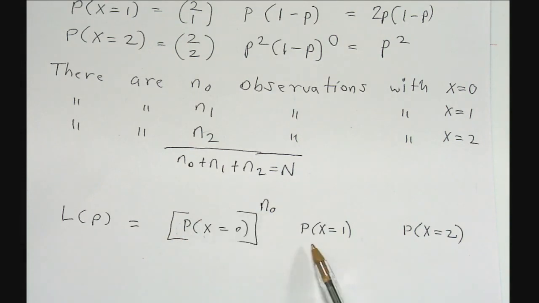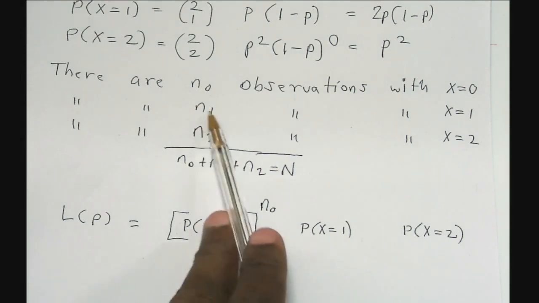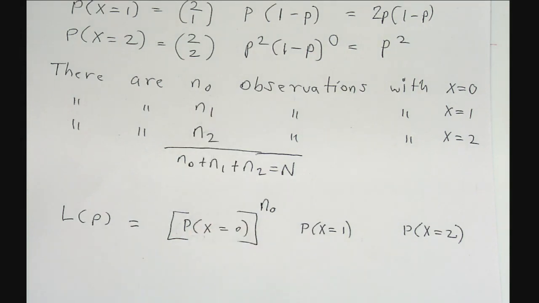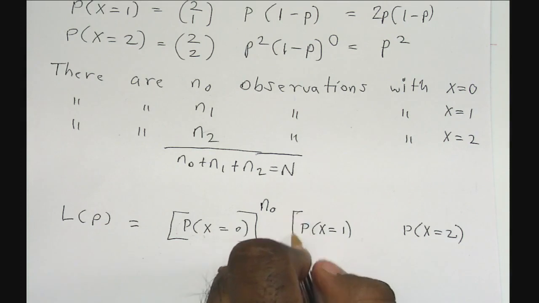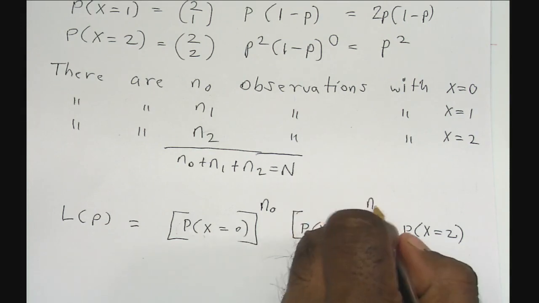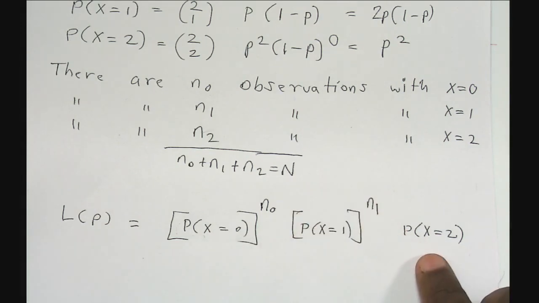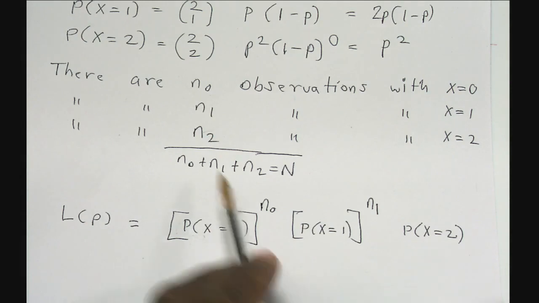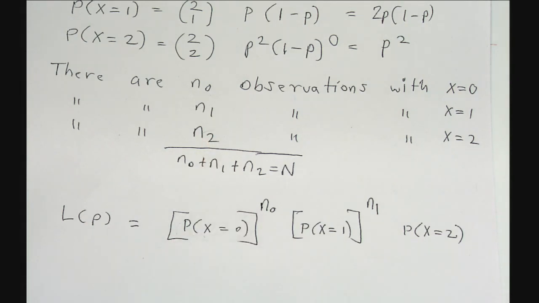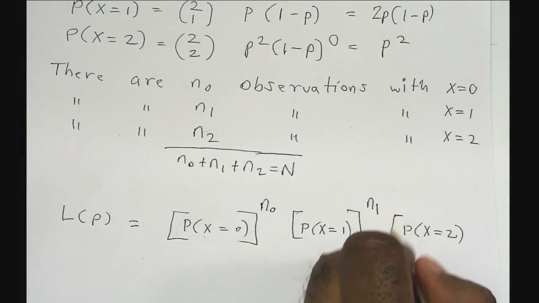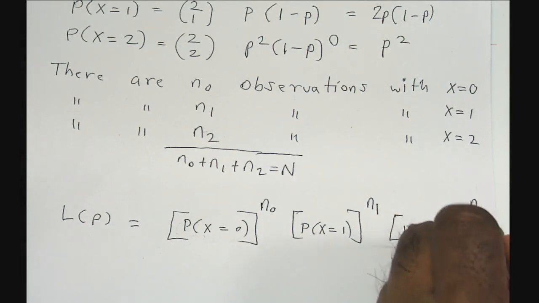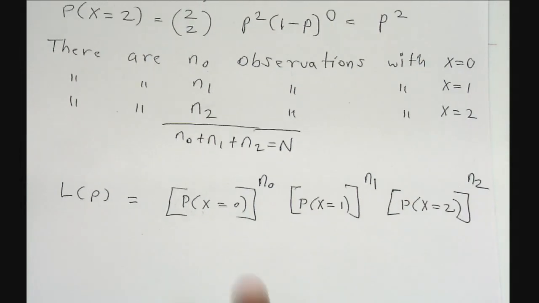And similarly, this is the probability that a single x equal to 1, but you have n1 observations with x equal to 1, so the corresponding probability will be this. And similarly, this is the probability that x equal to 2, but you have n2 observations with x equal to 2. So the corresponding probability is this, guys. So the product of these three terms is therefore the likelihood function.